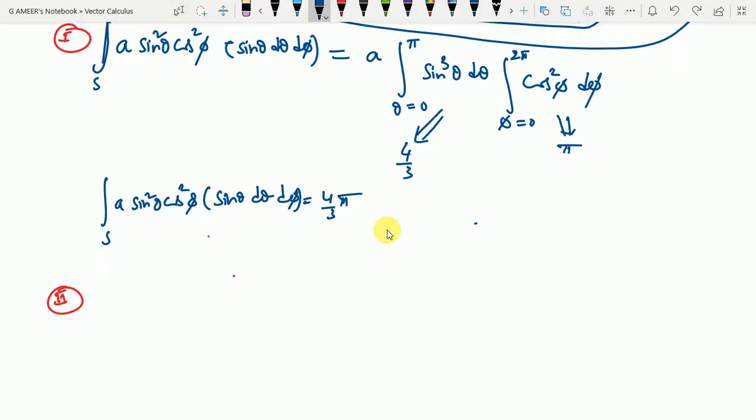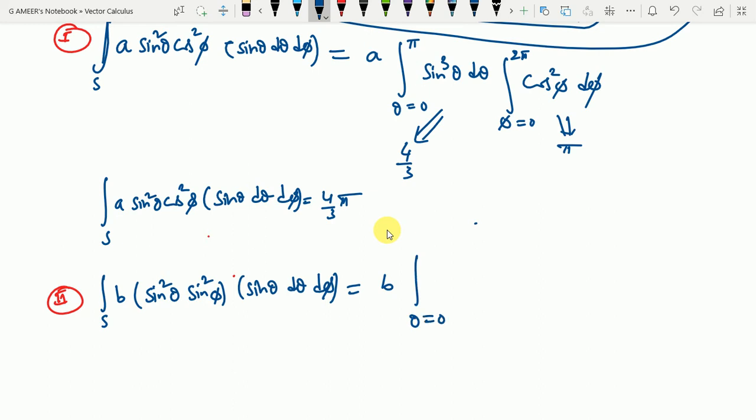Okay. We take the second term as follows. Surface integration of b y square, y square is r square, that is 1, sin square theta sin square phi, into, of course, the ds element sin theta d theta d phi. b will come out, theta varies from 0 to pi, then again sin cube theta will come, and phi is from 0 to 2 pi.